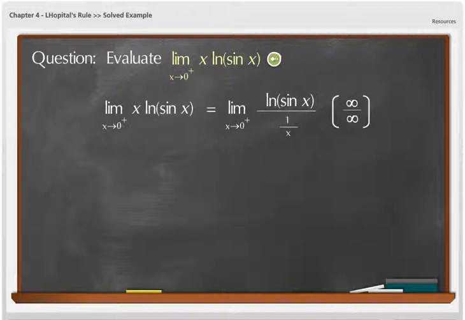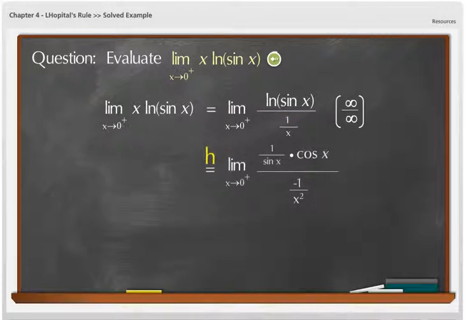Okay, if we apply L'Hopital rule now, the limit as x goes to 0 from the right is going to be equivalent to the derivative of the outer function in the numerator, ln, which is 1 over sine of x, times the derivative of the inner function, which is cosine of x, divided by the derivative of the denominator, which is minus 1 over x squared.